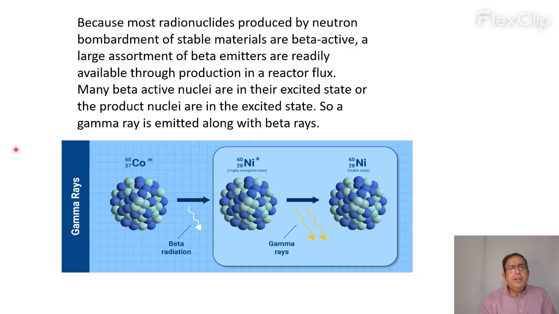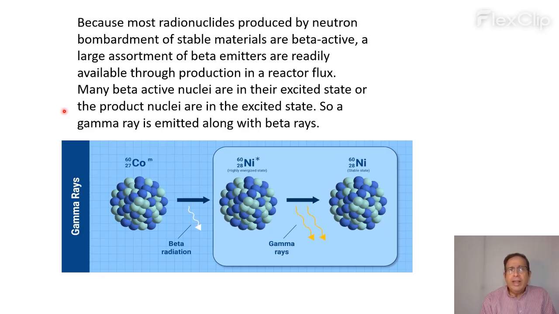So how are they produced and where are they produced? So basically a lot of nuclear bombardment takes place in a reactor, and the stable material becomes beta active due to neutron bombardment, and a large assortment of beta emitters are produced in a reactor flux.